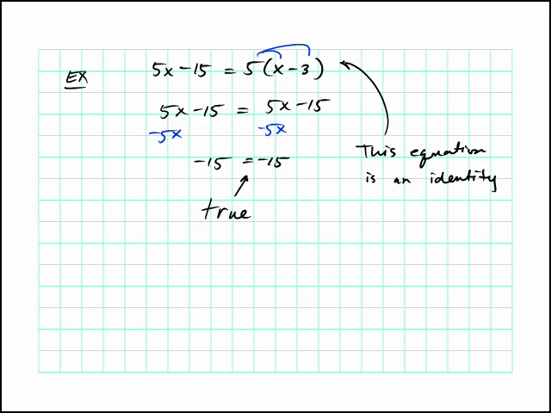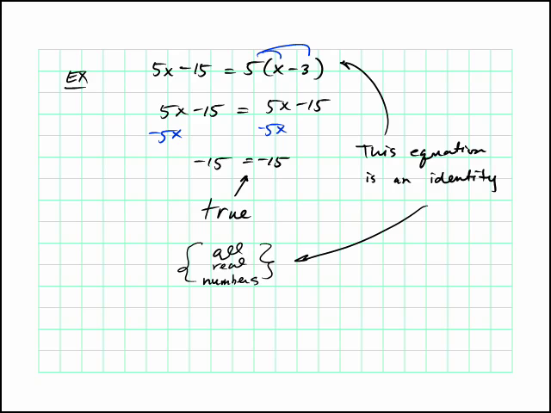Its solution set is all real numbers. Everything works. It doesn't matter what number you put into the equation for x, it's going to make the equation true. Equations that are identities have solution sets of all real numbers.